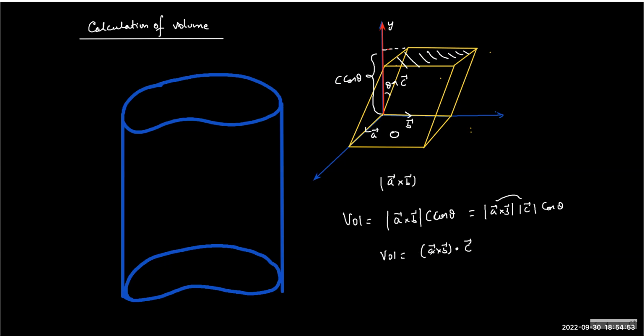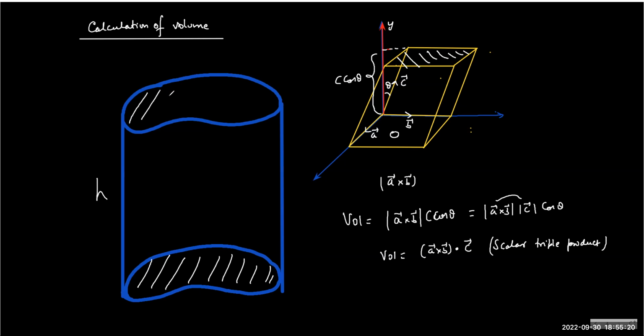So the triple product, this is called the vector scalar triple product, and this gives the volume. So volume is a simple formula. Any shape with constant cross section, into the vertical height, that is the separation.